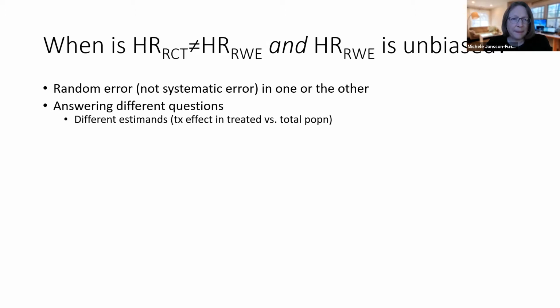Next. We also know that these might actually be answering different questions, that the estimand for the trial population may not be the same as the estimand in the real world evidence study if we're focusing on, for instance, a treatment effect in the treated versus the treatment effect in the total population.